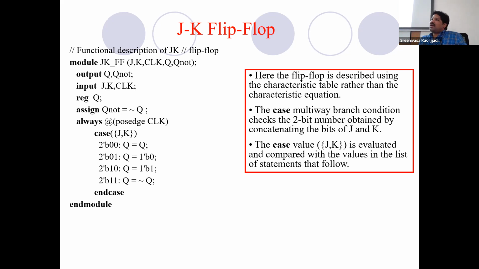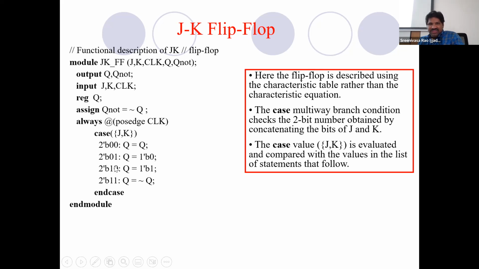The case, I already told you, is a type of multi-way branching instruction. The case value JK is evaluated and compared with the values in the list. What happened here? Whatever the case expression, whatever the values inside this bracket, will be compared with all the cases.